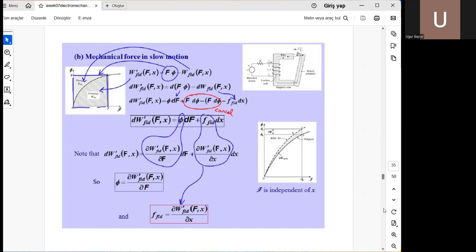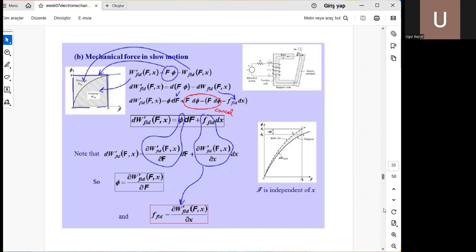So actually, flux is the partial derivative of co-energy with respect to MMF, and the mechanical force equals the partial differentiation of co-energy with respect to x.